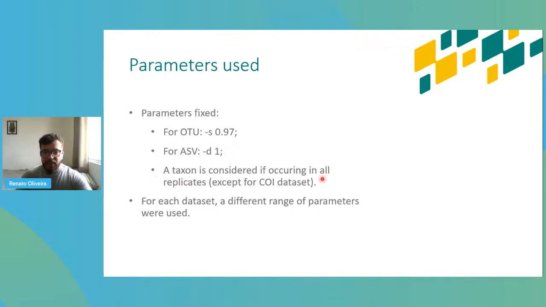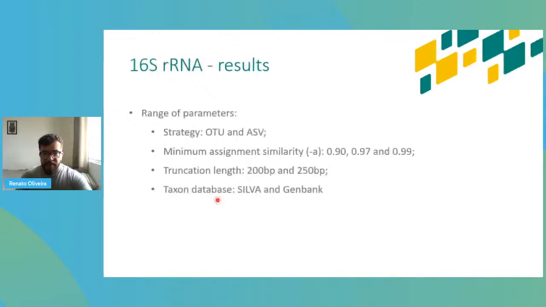A taxon is only considered if it occurs in all replicates, except for the COI dataset, which had a lower number of reads in one of the replicates. For each dataset, a different range of parameters was used. For example, in the 16S dataset, we varied the strategy, the minimum assignment similarity, the truncation length, and the database that was used. We used Silva and GenBank databases.